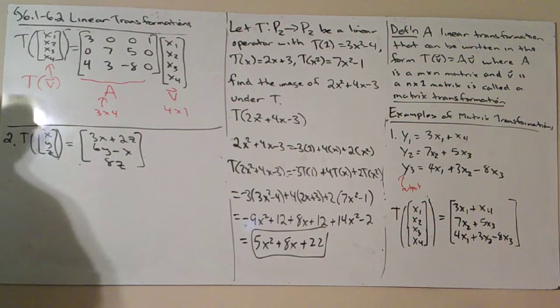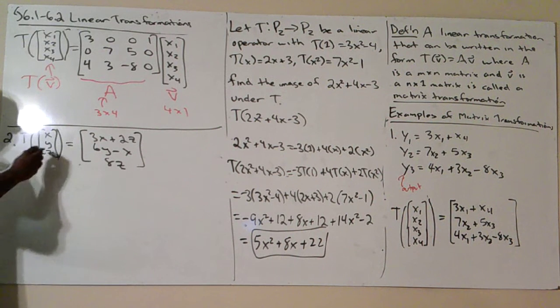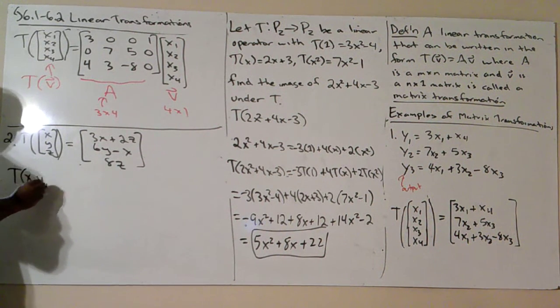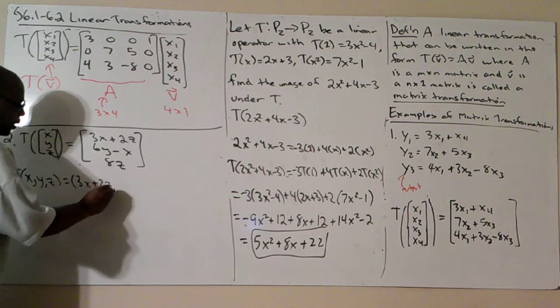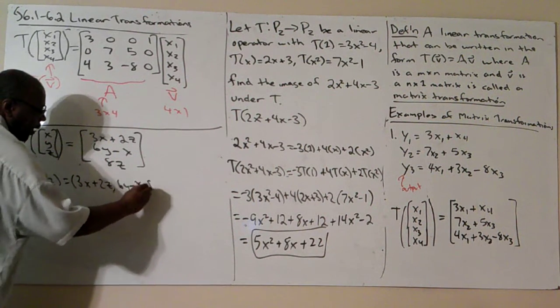If you haven't been looking at the PowerPoints, it's not written exactly like this. In the PowerPoint, it's T of x, y, z equals 3x plus 2z, 6y minus x, and 8z.